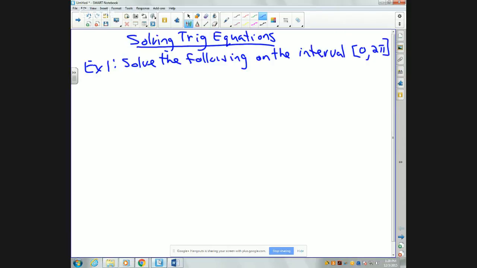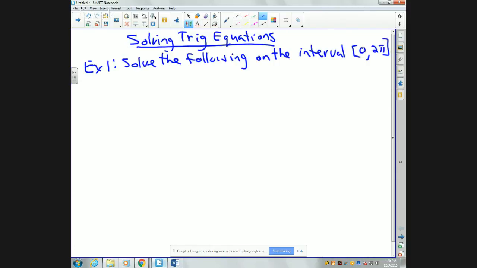What this means, remember that the trig functions are periodic, which means that if there are solutions, there should be an infinite number of them. So we kind of have to restrict the domain that we're looking on. It's kind of like the Ferris wheel one, where you try to figure out at what time the Ferris wheel is above 50 meters high. Well, if the Ferris wheel keeps going around and around and around, it's going to be above 50 meters a lot of places. So here I specify that we're only looking for the solutions between 0 and 2 pi.